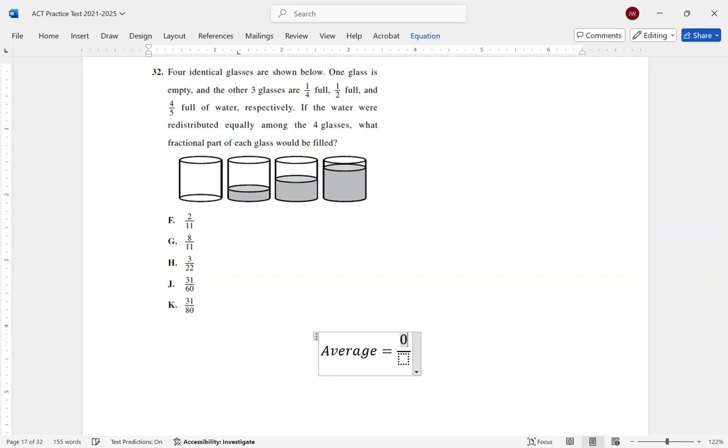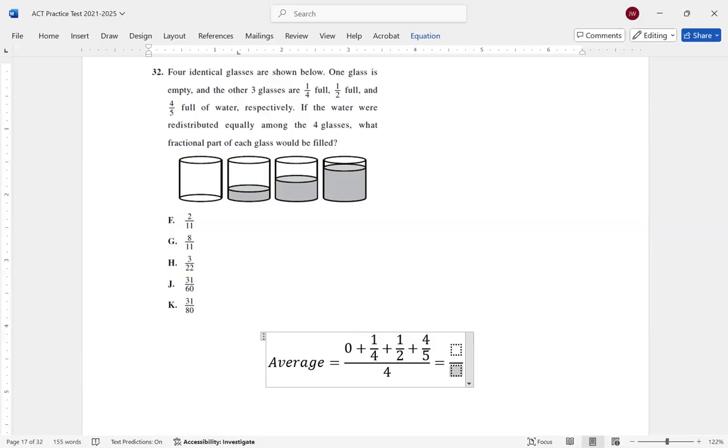So the first glass has 0. The second glass has a quarter. The third glass has a half. And the fourth glass has 4/5. So if we divide that out by 4, we'll figure out the average.